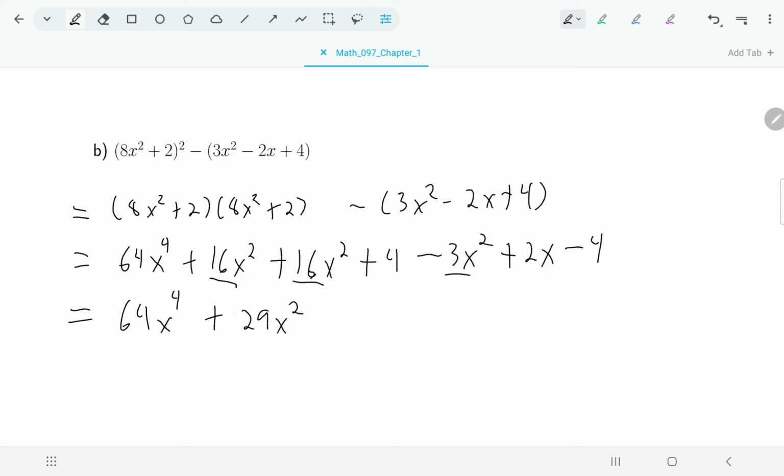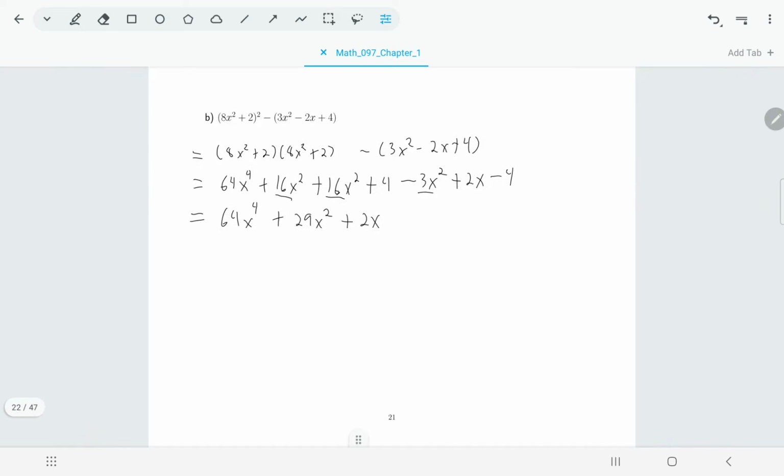For the x's, I can see only one term involving x, that's positive 2x. And for constant terms, I have a positive 4 and a negative 4, and so they just cancel each other out, and we are finished. So as simplified as we can get, 64x to the 4 plus 29x squared plus 2x.